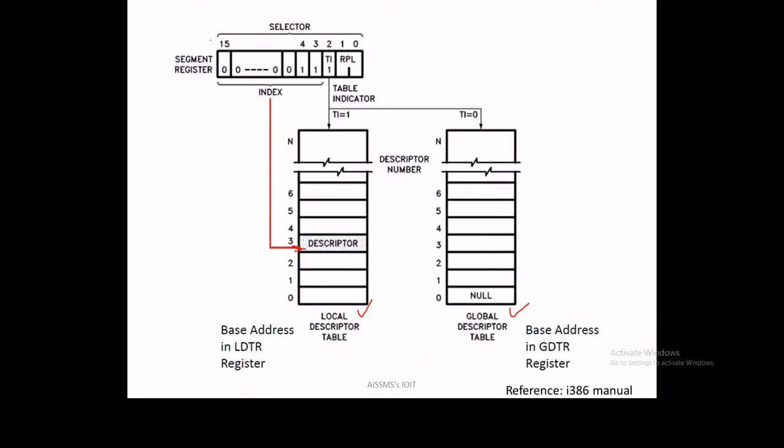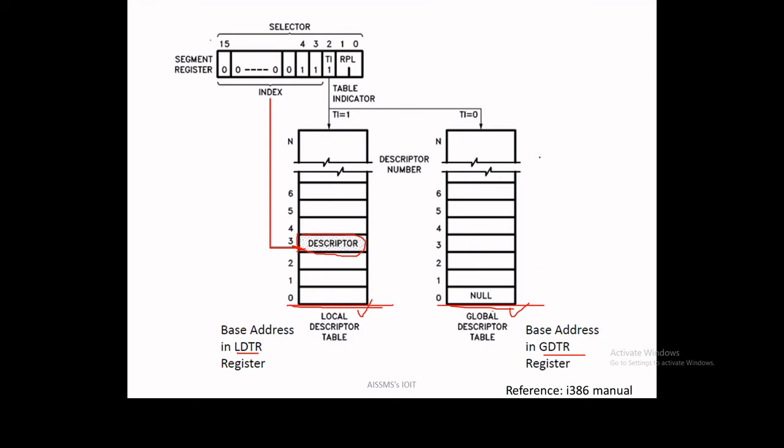This is my local descriptor table, and here the descriptor structure is saved, the two words that we have seen. This is the base address of this LDT, and this is the base address of this GDT. The base address of the LDT is saved in the LDTR, local descriptor table register, and the base address of the GDT is saved in the GDTR register, global descriptor table register.